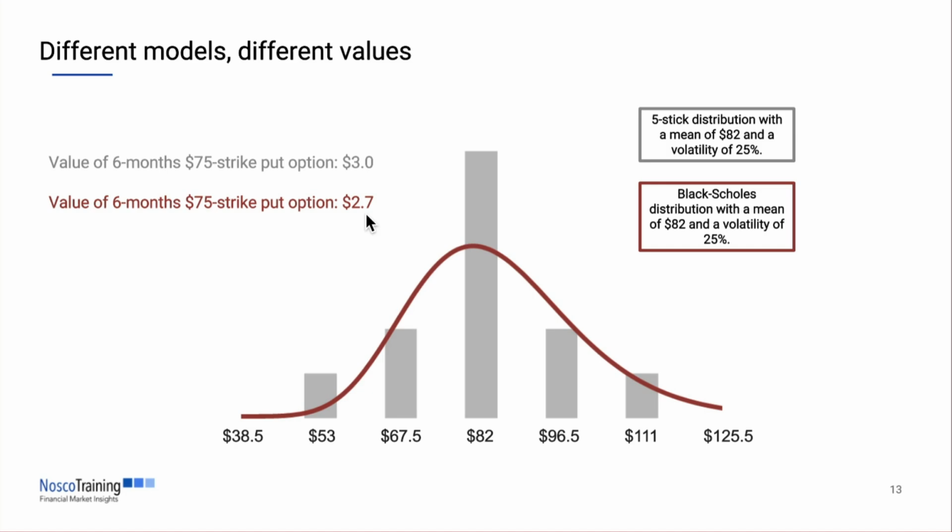So Black-Scholes is more, let's say, an industry-strength model, kind of, right? It's an old model, but it was the first really robust option model. The reason why I use the 5-stick distribution, remember what we did.